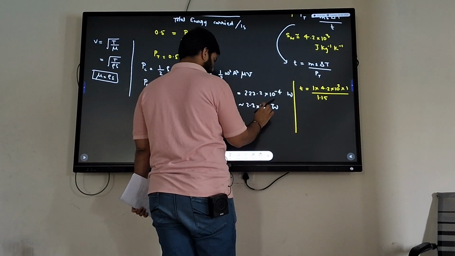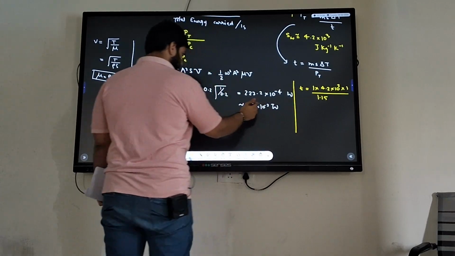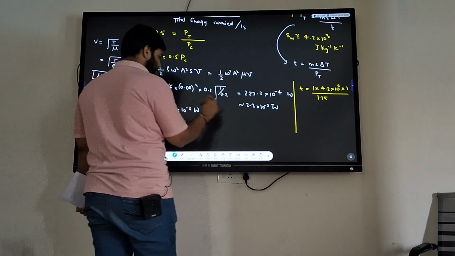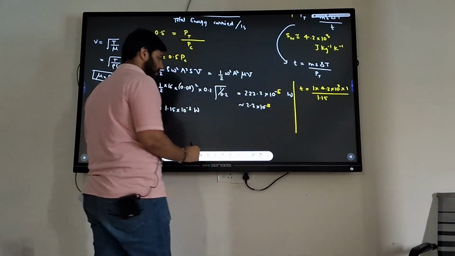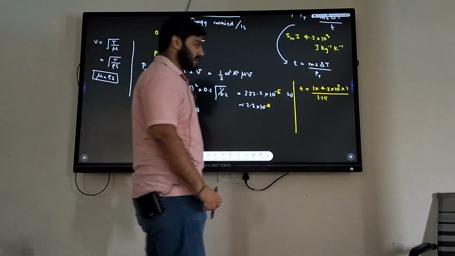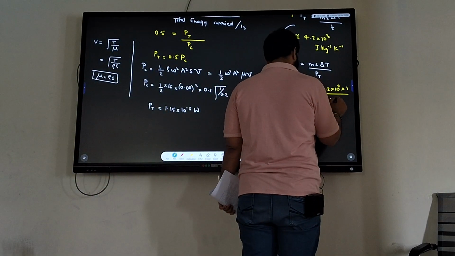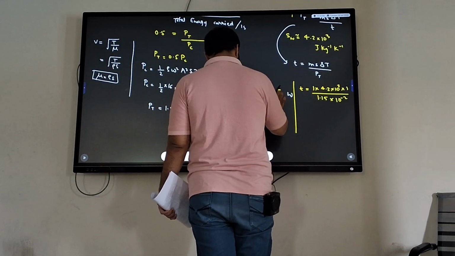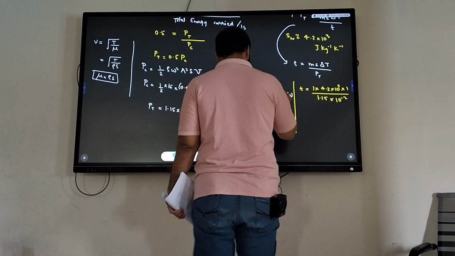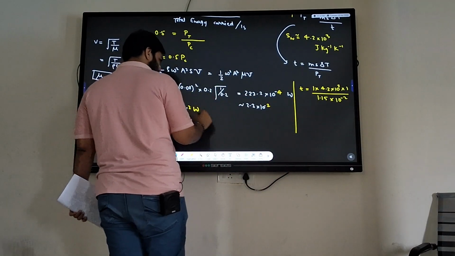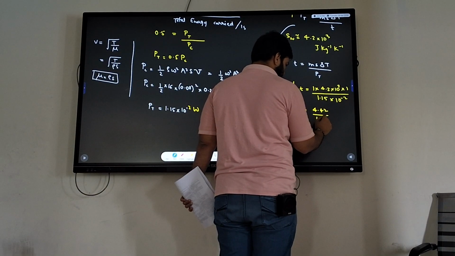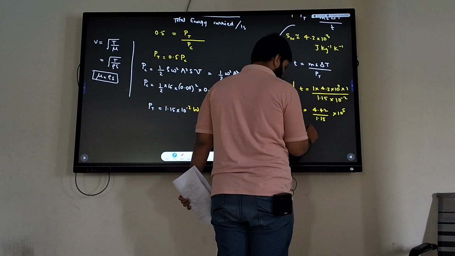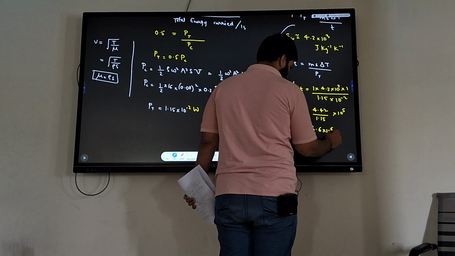Is this power minus 2? No, it should be minus 3. Here it should be minus 3, and here minus 5 should come. I made a mistake in the power here. 1.15 into 10 to the power, rather no. No, minus 2. This is minus 2 only. I wrote this wrong here. This is 2. Then the power will directly become 10 to the power 5. 4.42 divided by 1.15 you just have to do. And this is approximately 3.6 into 10 to the power 5 seconds.